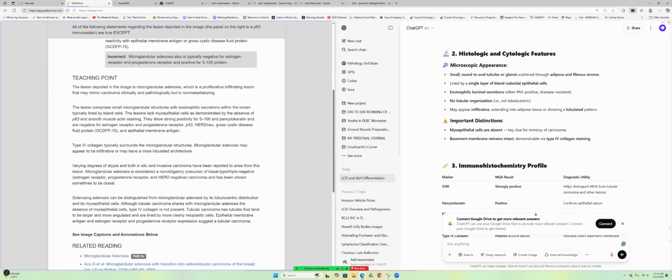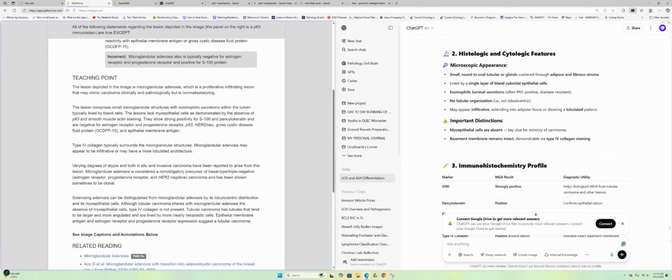There are small round tubules or glands, a single layer of bland cuboidal cells, eosinophilic secretions, no lobular organization. It may appear to infiltrate into adipose tissue or show a lobulated pattern.